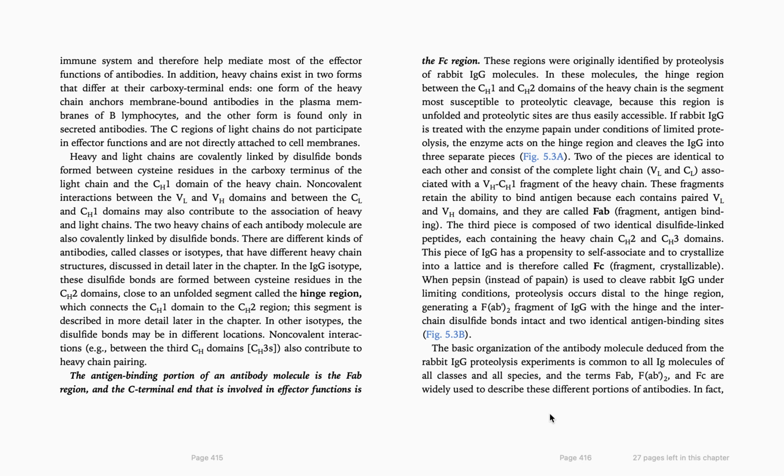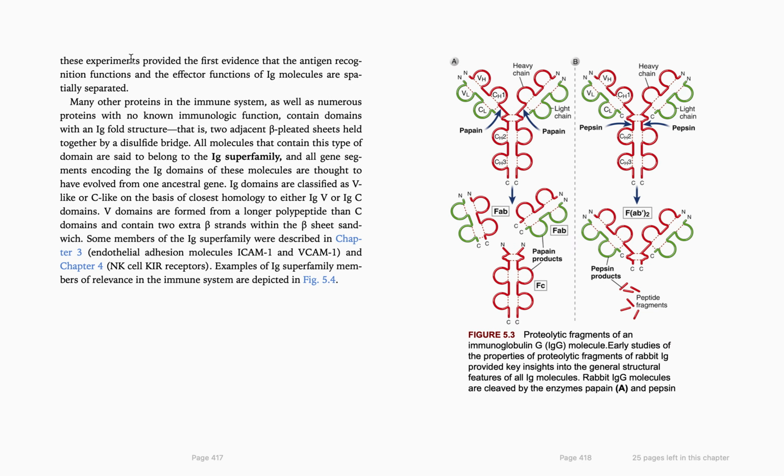In fact, this experiment provided the first evidence that the antigen recognition function and the effector function of IgG molecules are spatially separated.